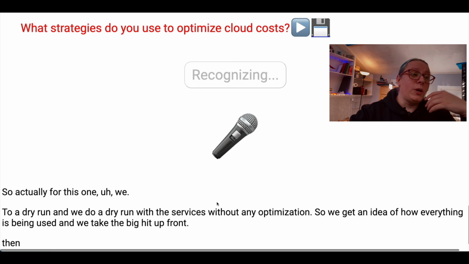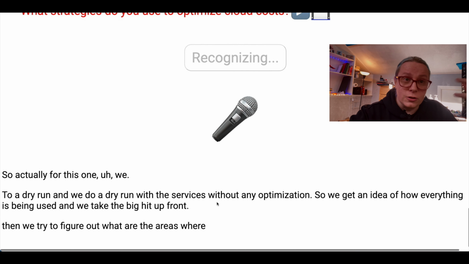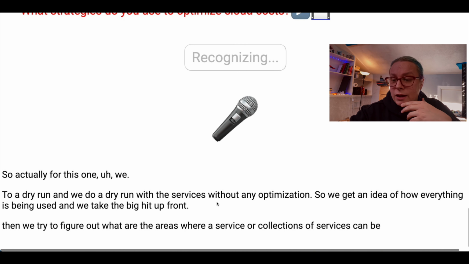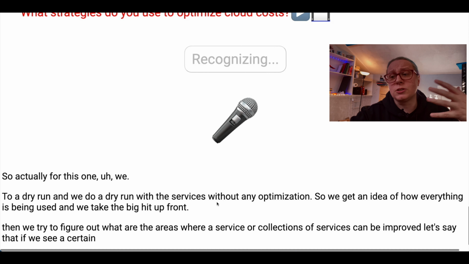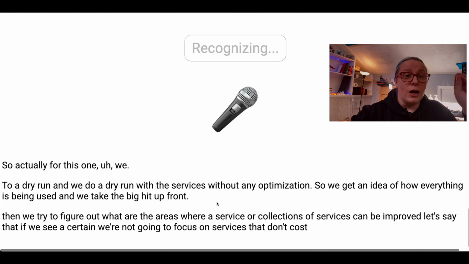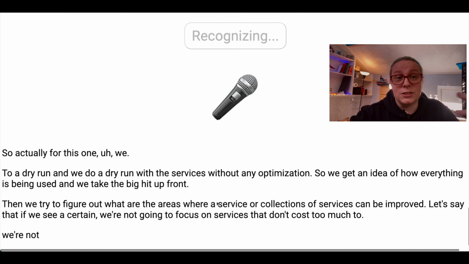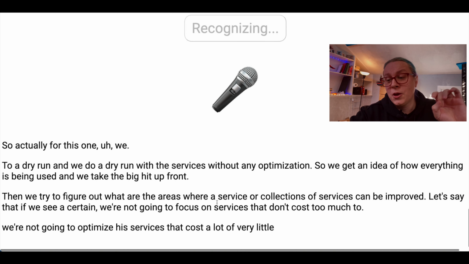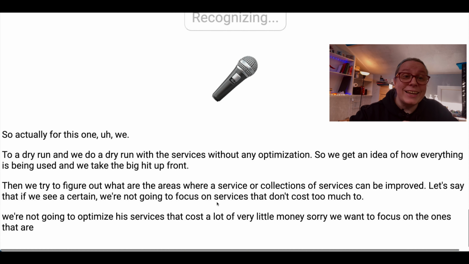Then we try to figure out what are the areas where a service or collections of services can be improved. We're not going to optimize services that cost very little money, sorry. We want to focus on the ones that are really taking up a lot of our money.